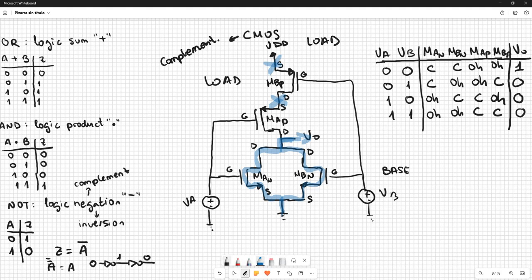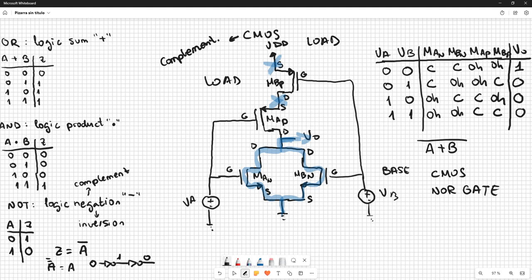So again, we have here the opposite of the OR gate, that is the NOR gate. This is a CMOS NOR gate. Okay.